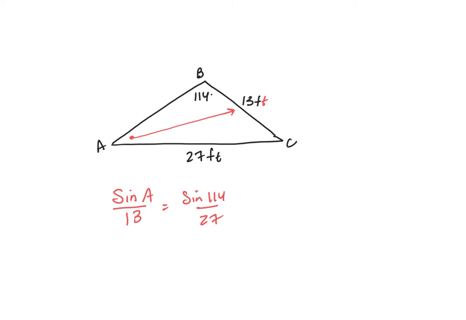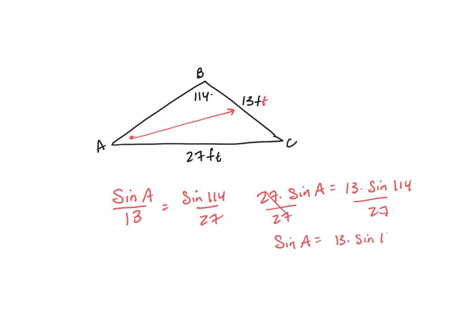Okay, so now we're going to cross multiply, same thing we've always been doing. So I end up with 27 times the sine of A equals 13 times the sine of 114. Okay, and then I can divide both sides by 27. So I end up with the sine of A equals 13 times sine of 114 over 27.